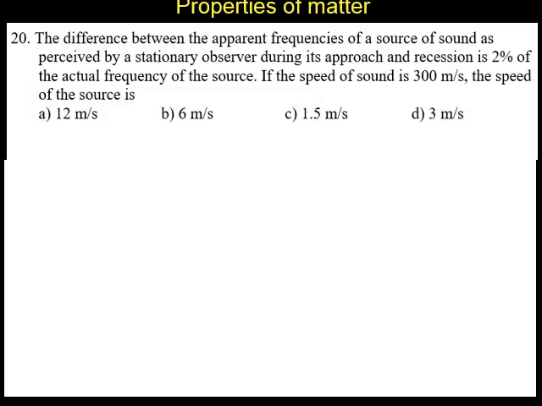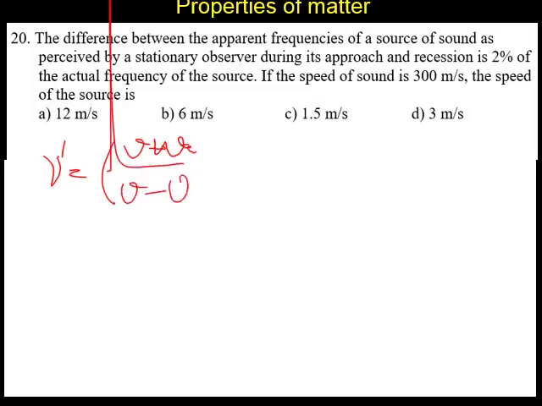Here, whenever a source and an observer are approaching each other, from the Doppler effect we can say the apparent frequency when the source and the observer are approaching each other is ν' = (V + V₀)/(V − Vs) times ν, where ν is the original frequency.